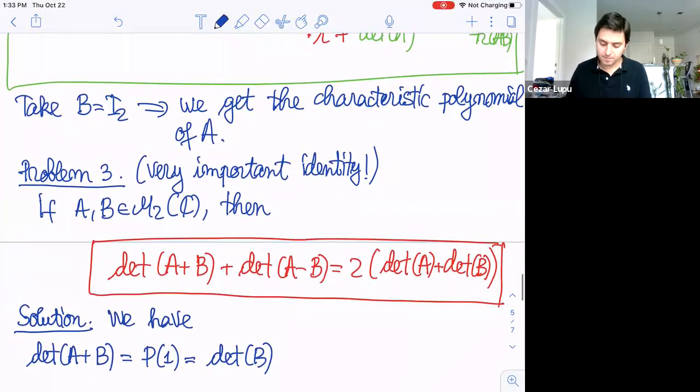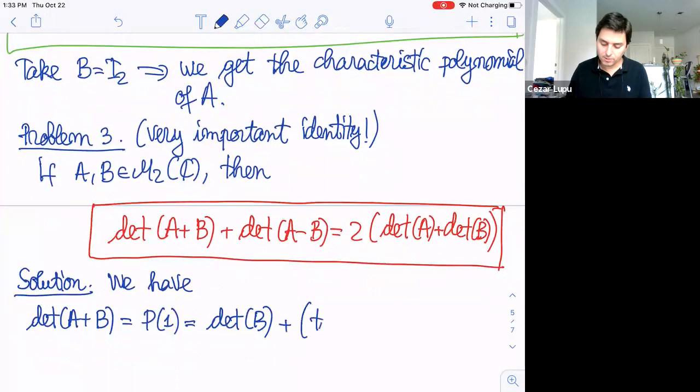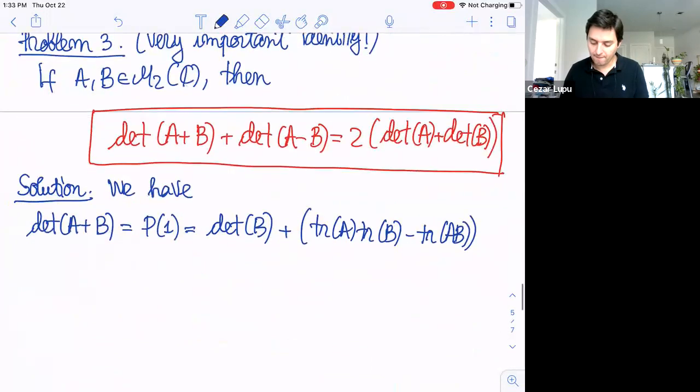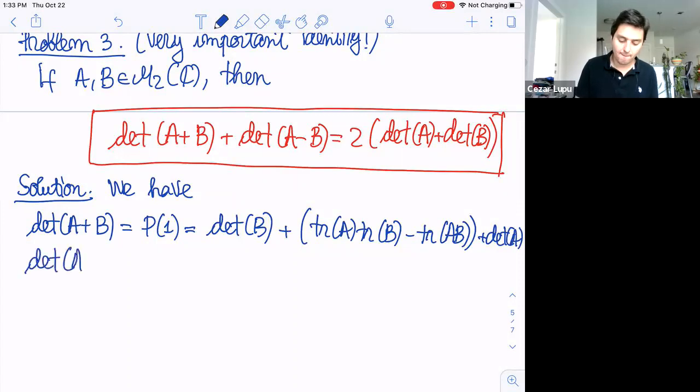plus this guy, trace of A, trace of B, minus trace of AB, times 1, plus the determinant of A, right? And the same thing goes for the determinant of A minus B, which is P of -1.